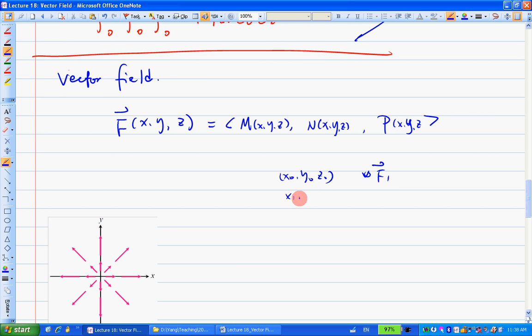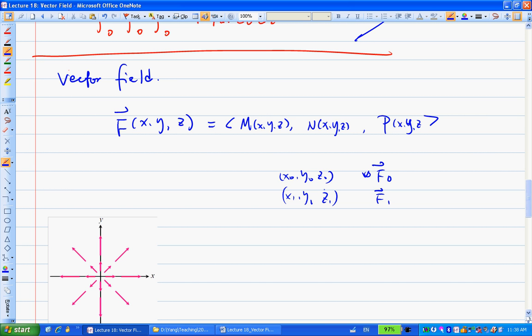Plug in x1, y1, z1, you get F1, another vector. You draw the vector at that location, and you draw as many as possible, so in the end you have a drawing of so many vectors. That's called a vector field.